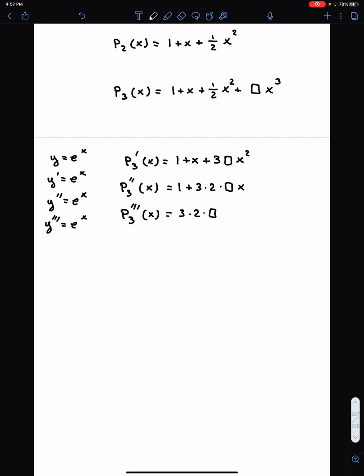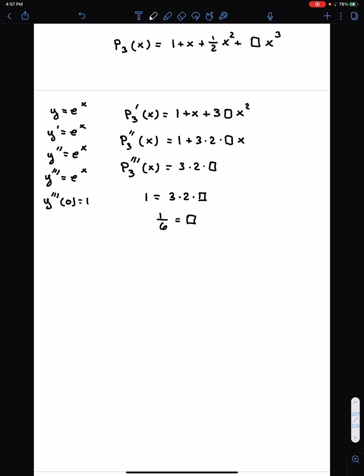The third derivative of the original function at 0 is equal to 1. So I want 1 to equal 3 times 2 times that coefficient. So that coefficient is equal to 1/6.